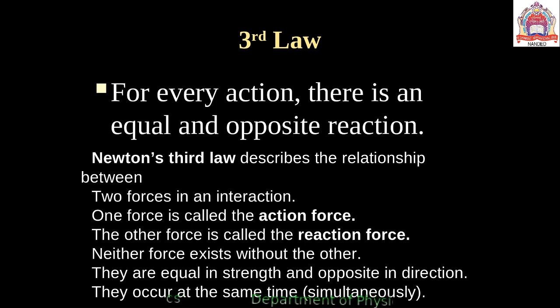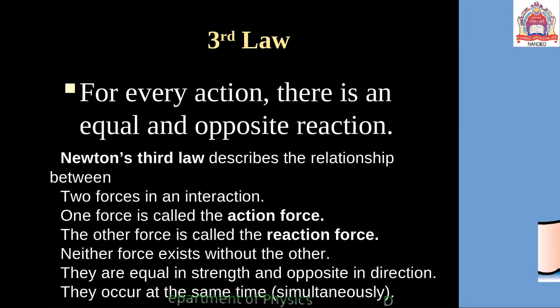Action, reaction, force pairs. According to the third law of motion, for every action there is an equal and opposite reaction. This law describes the relation between two forces in an interaction. One force is called the action force, while the other is called the reaction force. Neither force exists without the other. They are equal in strength and opposite in direction. They occur at the same time, simultaneously.